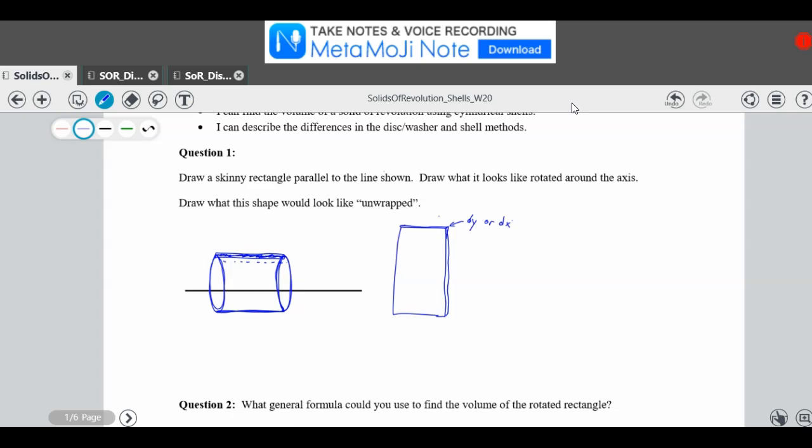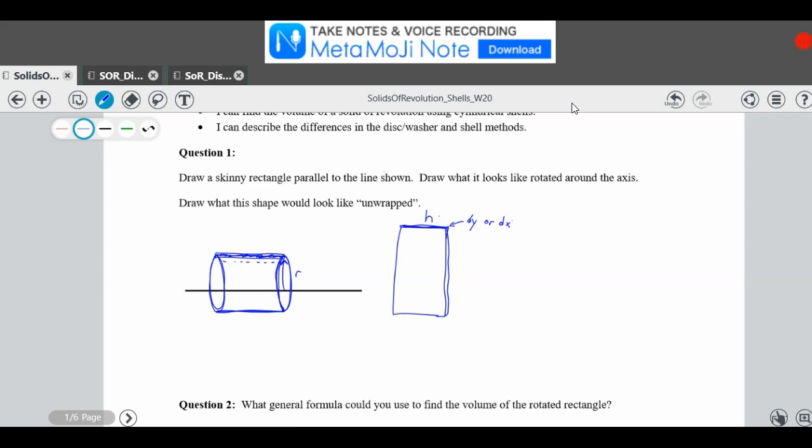oriented vertically. The length here is going to be whatever the length of that rectangle is. That'll be this guy right here. I'm going to call this the height of my tube. I'll say that's my height. And then whatever radius I get here, we need the circumference of this guy right here, so I'm going to call that radius r.